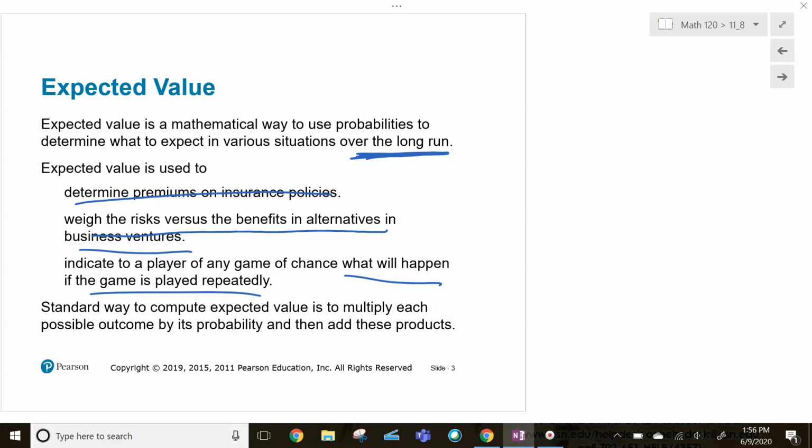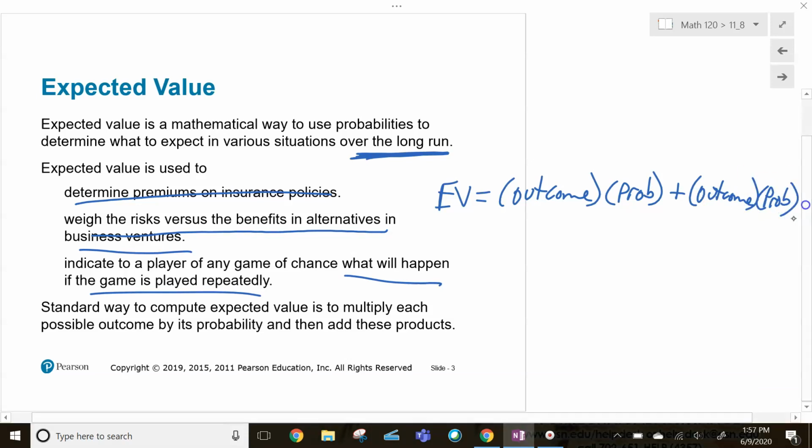So to compute expected value, you take the outcome times the probability, and then you add it to the next outcome times the probability, and you repeat this, plus dot dot dot.